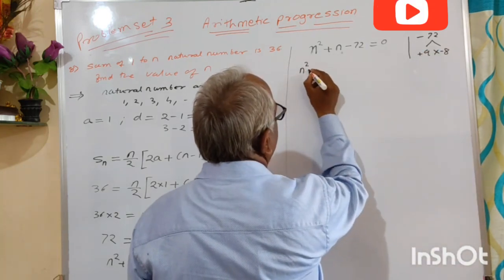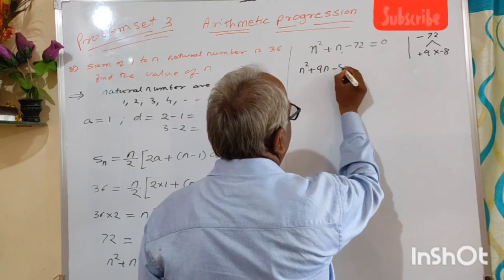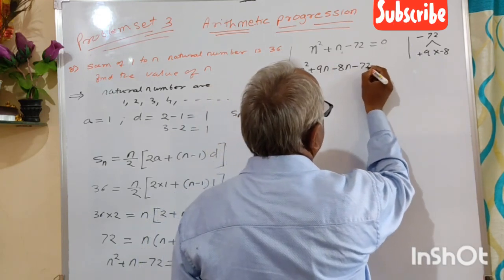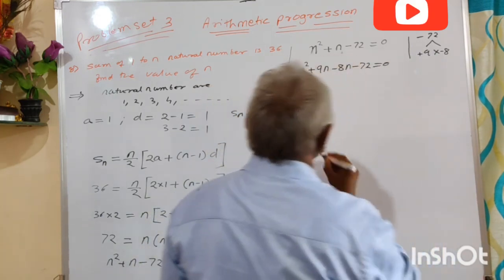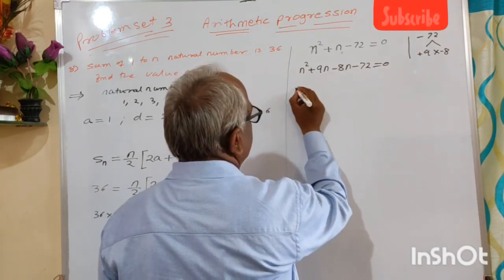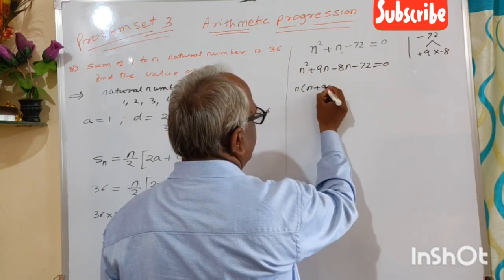So n square plus 9n minus 8n minus 72 is equal to 0. From this n common, n plus 9.